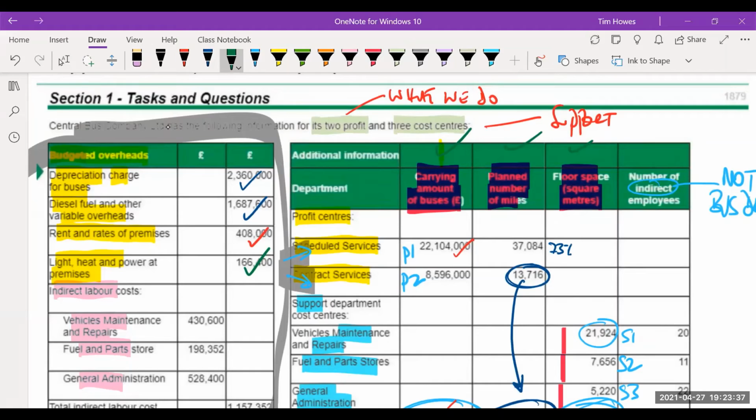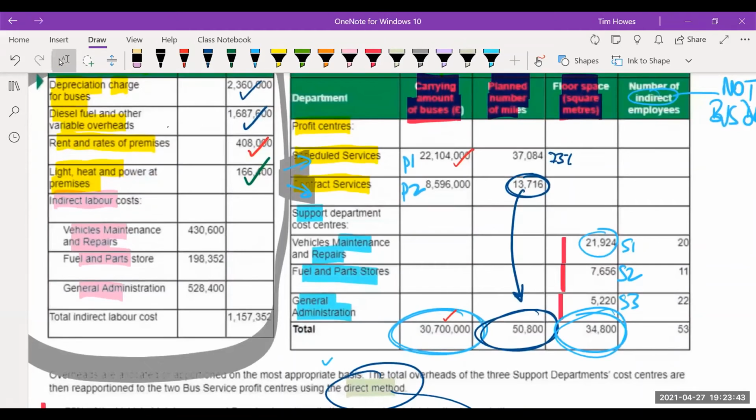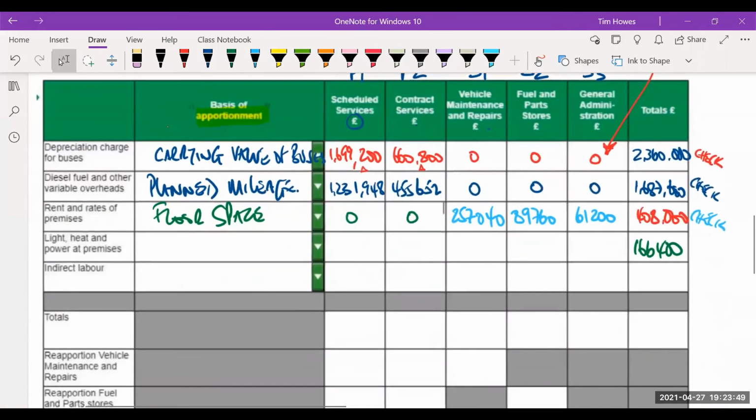And it's very tempting that, oh, I must have to use the next one. But the number of employees isn't really relevant to a light, heat and power. You're absolutely right. Everyone that's popped on the screen, you're suggesting floor space. And once again, I would agree with you. So don't be shocked if you end up using the same thing again.